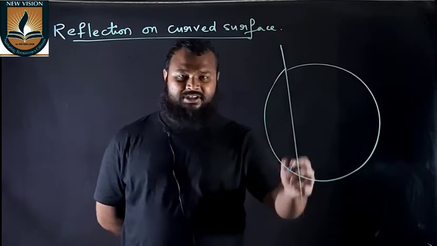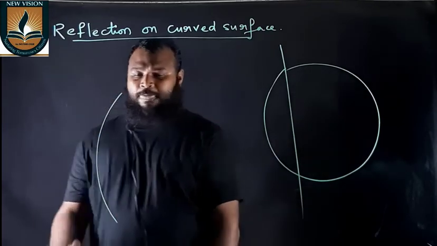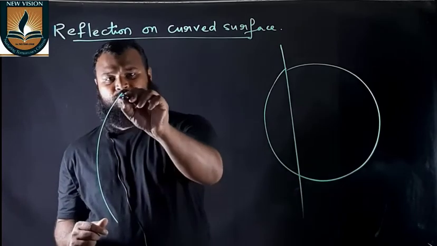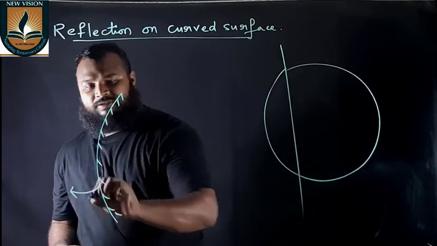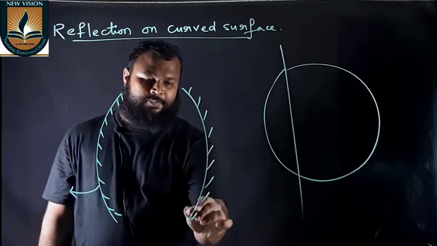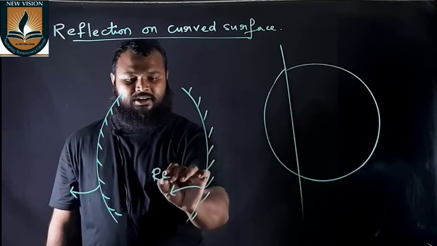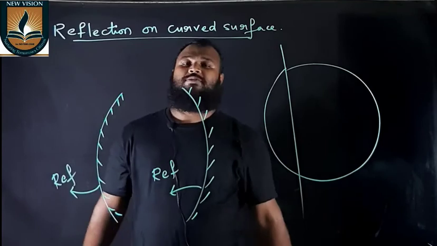So this is the part which is cut. Now this has got two surfaces. If you silver coat inside, then the outside is called reflecting surface, or if you silver coat outside, then inside is the reflecting surface.